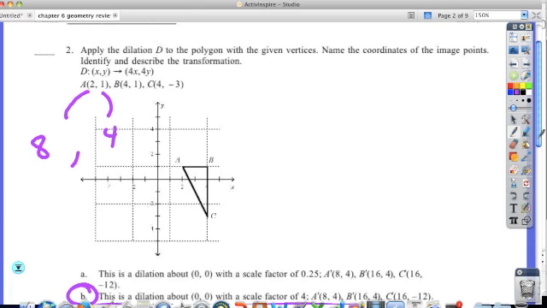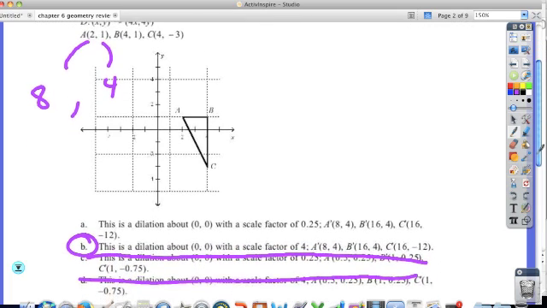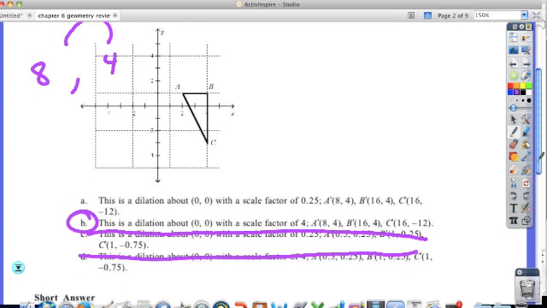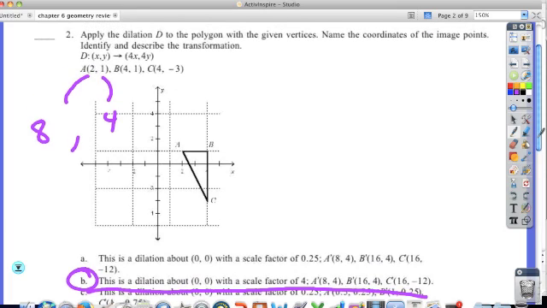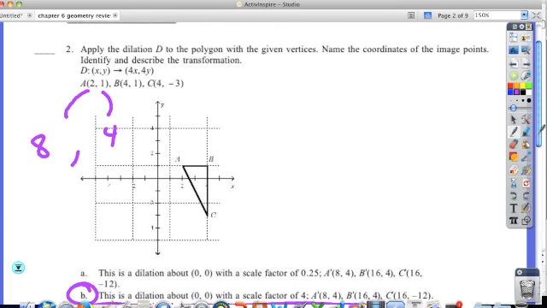Yes. So I used a guess and check, and I used the scale factor 0.25, and it gave me those points. No, that's right, because 0.25 is smaller. What they're also testing is that you can actually understand the notation. Oh, okay.